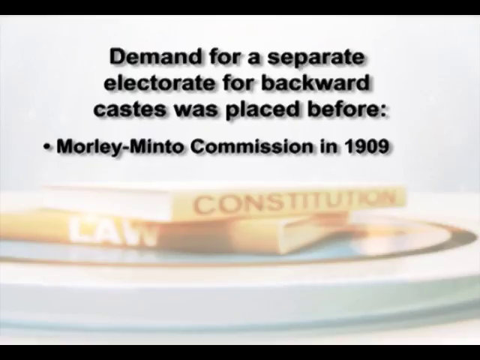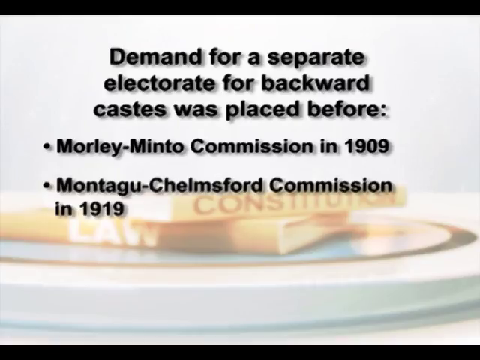In 1909, before the Morley-Minto Commission, this kind of demand was placed. Then in 1919, before the Montagu-Chelmsford Commission, there was another demand for a separate electorate of these backward castes.